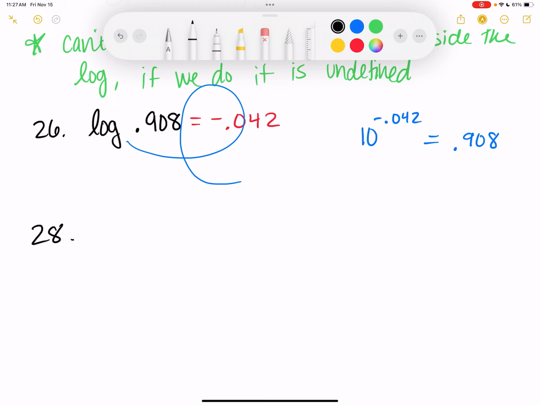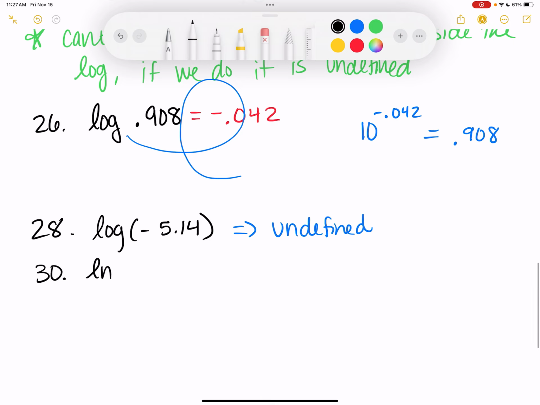28. Log of negative 5.14. What is this? Undefined. Why? It's negative. Yep. This one is undefined because we have the negative inside. 30. ln of 0.733.